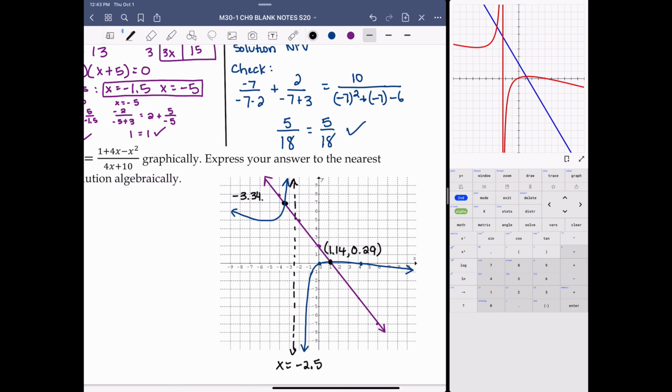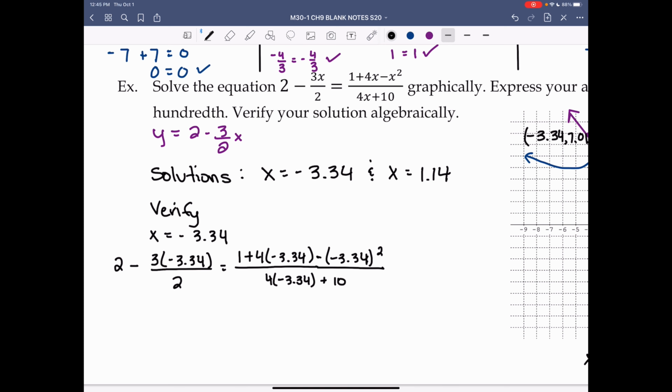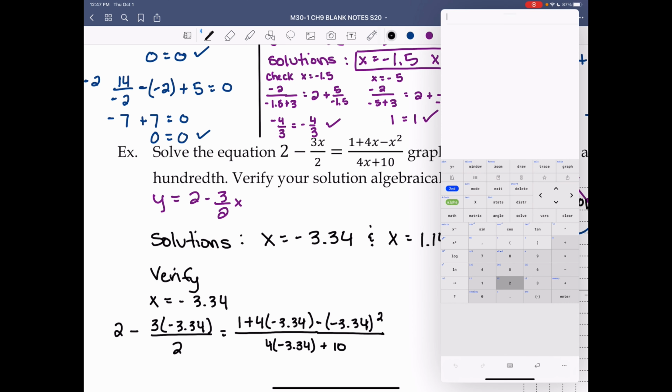We have (2 minus 3 times negative 3.34) divided by 2 equals (1 plus 4 times negative 3.34 minus negative 3.34 squared) divided by (4 times negative 3.34 plus 10). 2 minus 3 times negative 3.34, divided by 2, gives us 7.01. Let's check if the right side equals that.